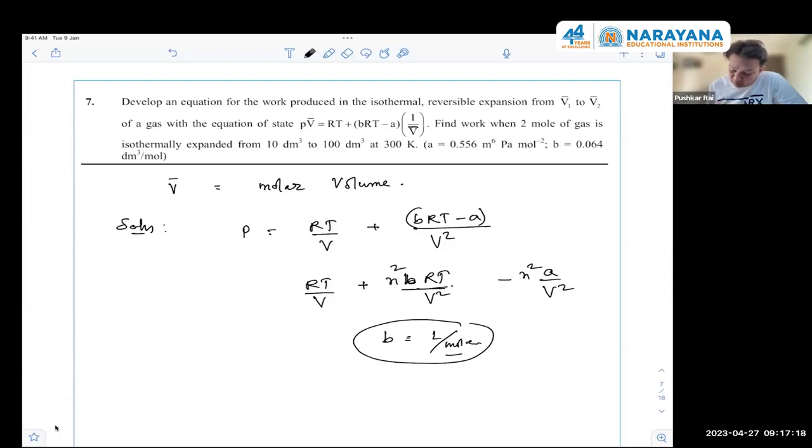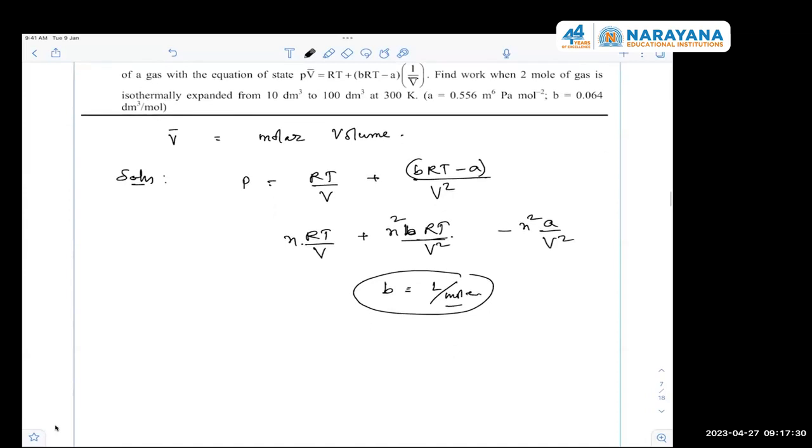So this is molar volume and this is also molar volume. One molar volume is cancelled with one molar volume. How are we saying that n square should be there? Sir, in R also the mole term will be there, no, sir? Okay. Yes, sir.